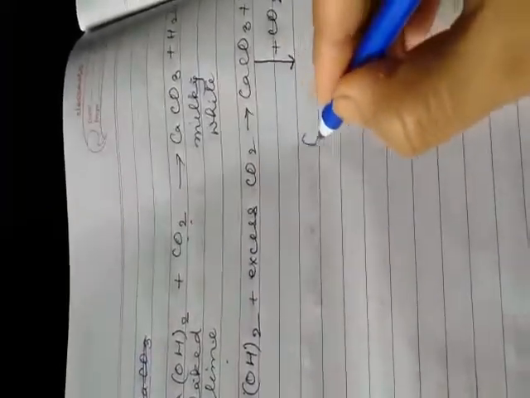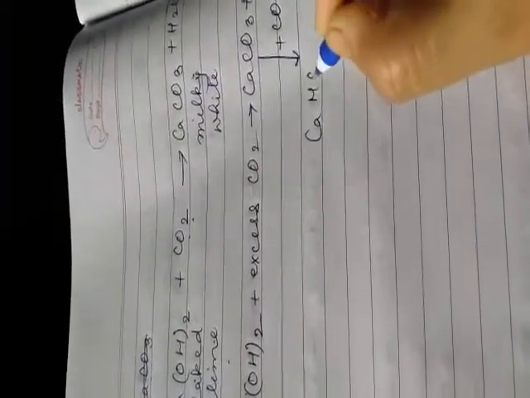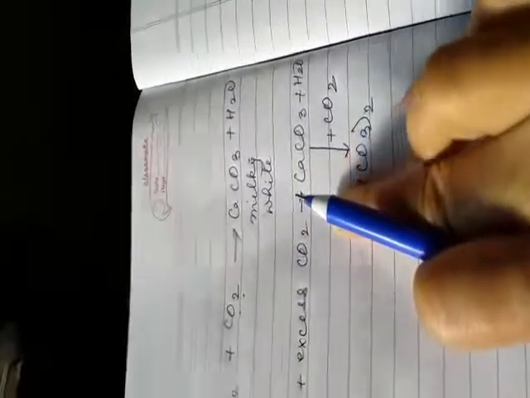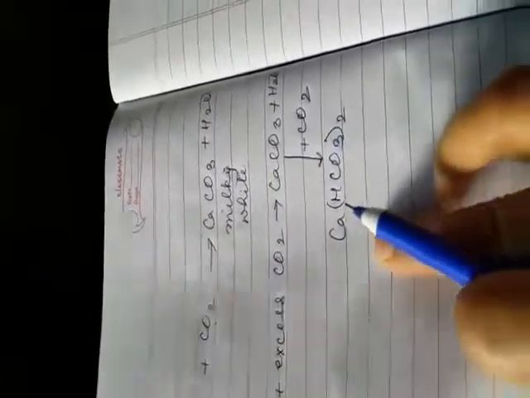Again, when CaCO3 reacts with this excess of CO2, calcium hydrogen carbonate, Ca(HCO3)2, is formed by the combination of calcium carbonate, water and carbon dioxide. This is page number 9 and this is page number 10.